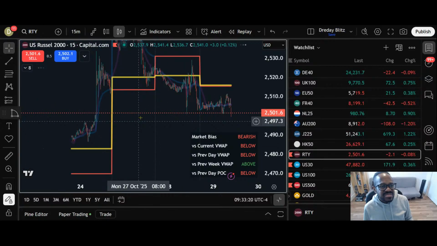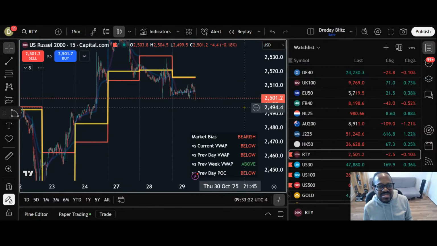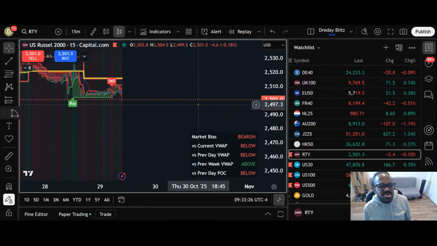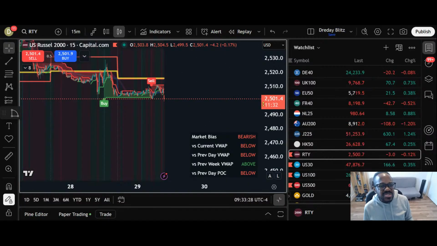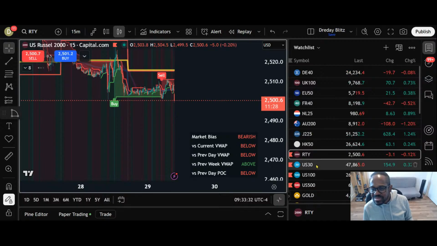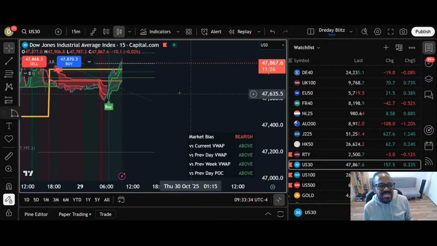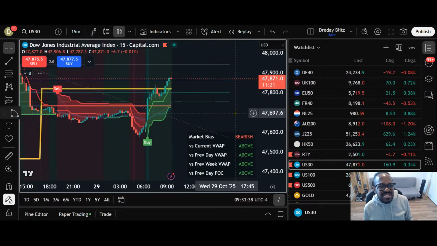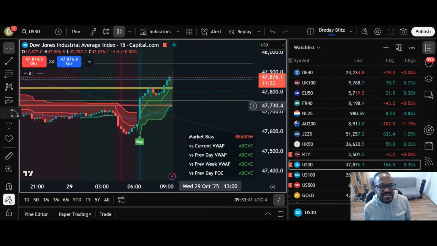Yes. So everything is looking good on Russell. It's looking to go short here. We just started the trend to the downside and it gapped down. So good resistance. So US30, I would wait.